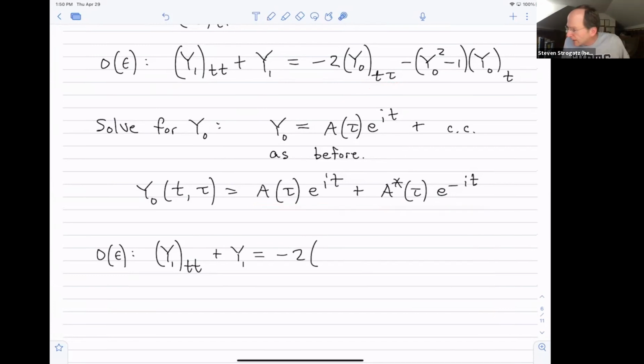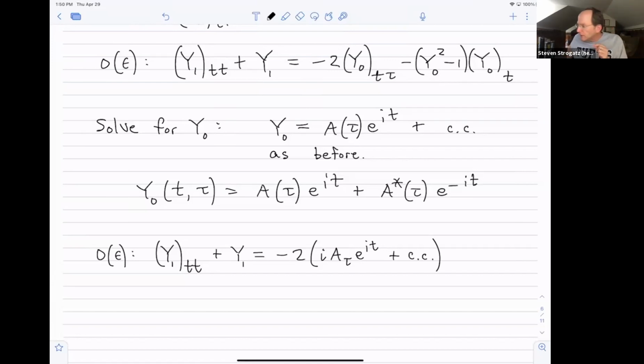So if I do that, I will get minus 2 times, I'm going to try to copy correctly, a sub tau e to the it, and here I will write complex conjugate to save some writing.